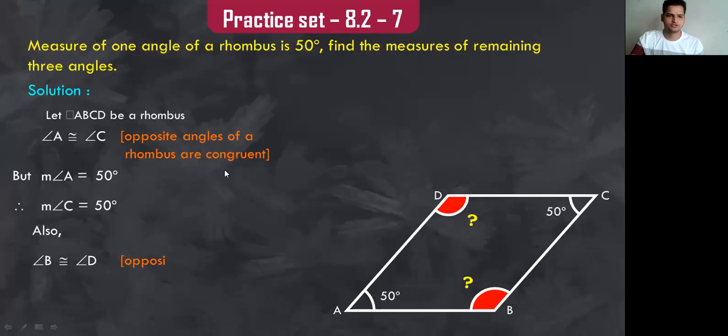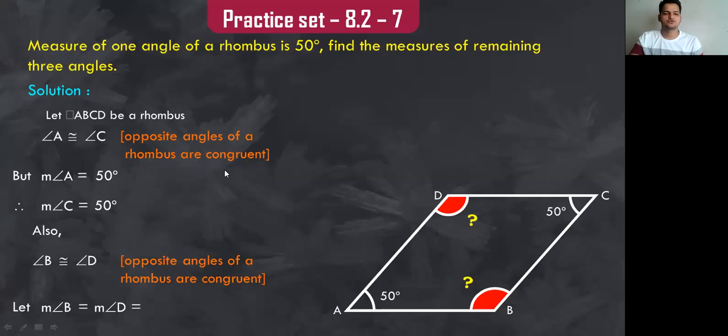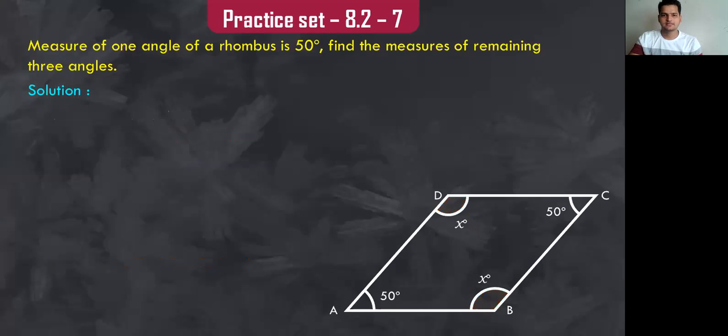No. So for that reason, we will assume measure of angle B is equal to measure of angle D is equal to x degrees. This is our assumption that we are assuming angle B and angle D as x degrees.